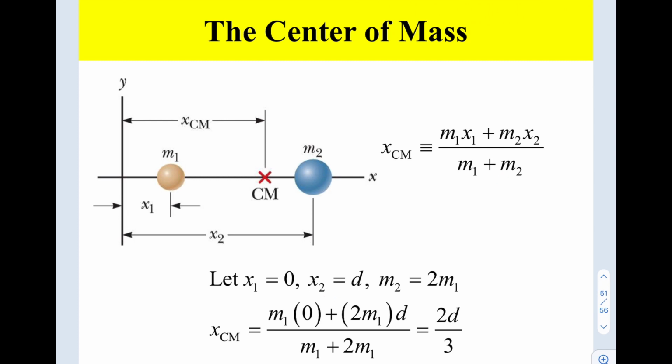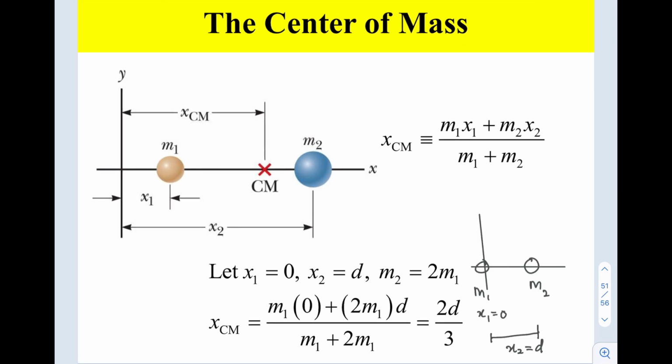So for example, let's say X1 is 0, X2 is D, and M2 is 2 times M1, with M1 being M. Alright, from that, substitute the rest of the information, and you will see the center of mass is 2/3 of D. So 2/3 of the D is probably somewhere here.